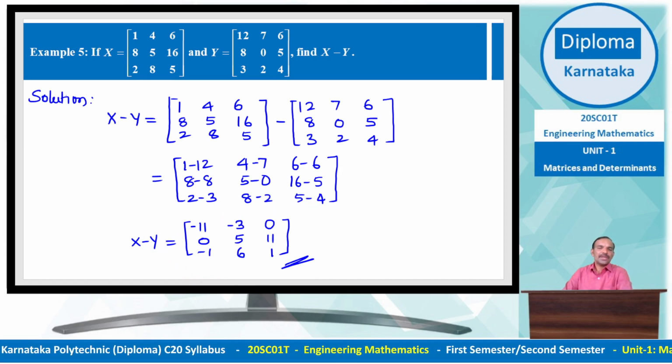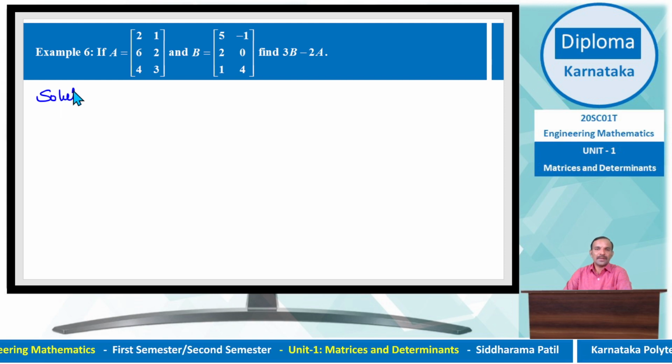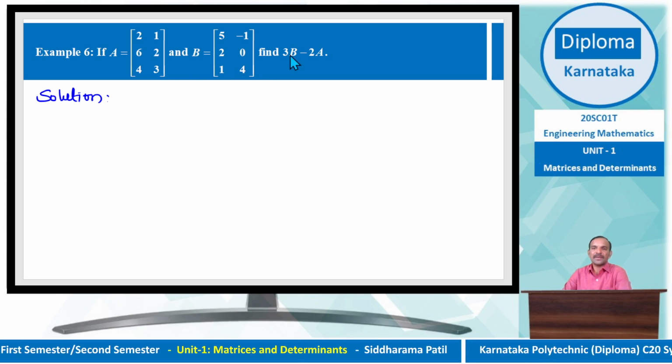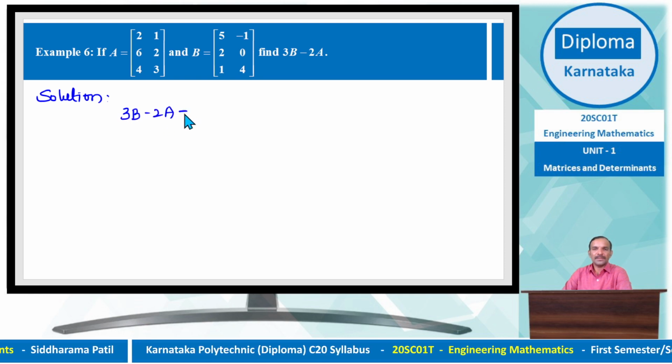Next example 6. What is given? A is given, B is given. What you have to find out? 3b minus 2a. Solution. First you have to write given matrices. In exam first write given matrices. I am going to start here from next directly 3b minus 2a, but in exam compulsory to write first given matrix A and B. Now consider 3b minus 2a.